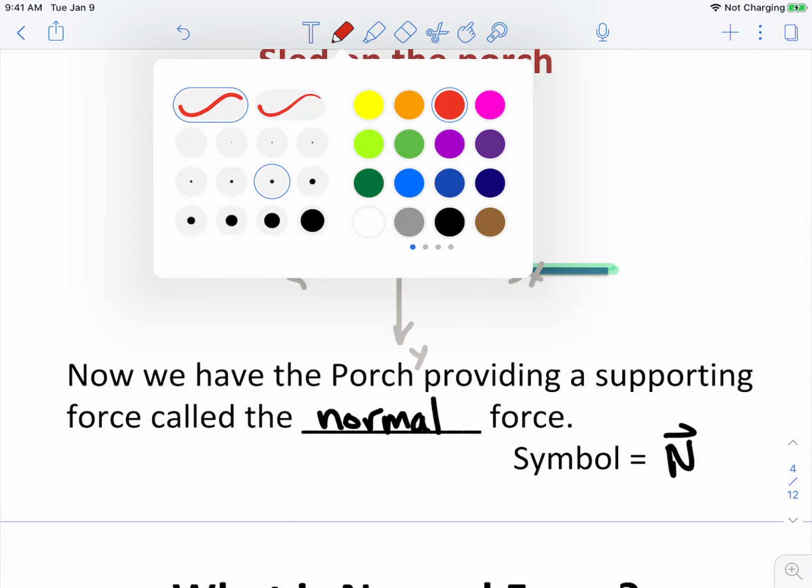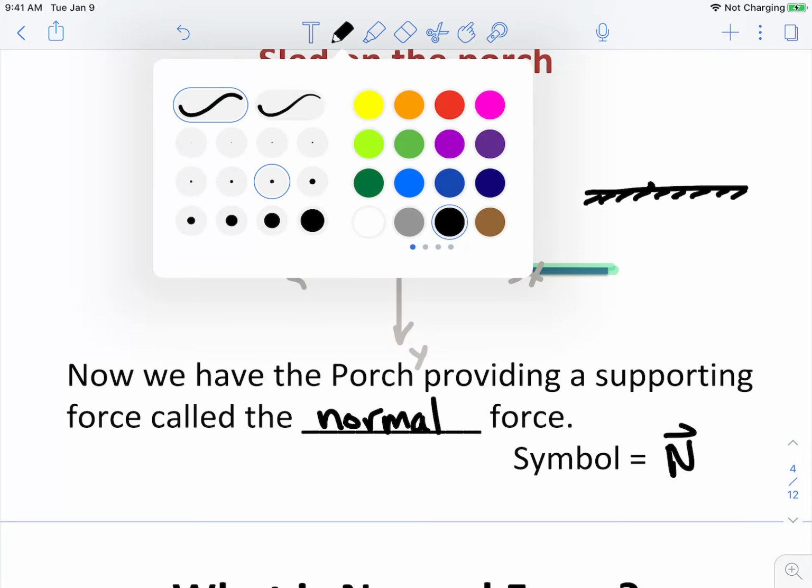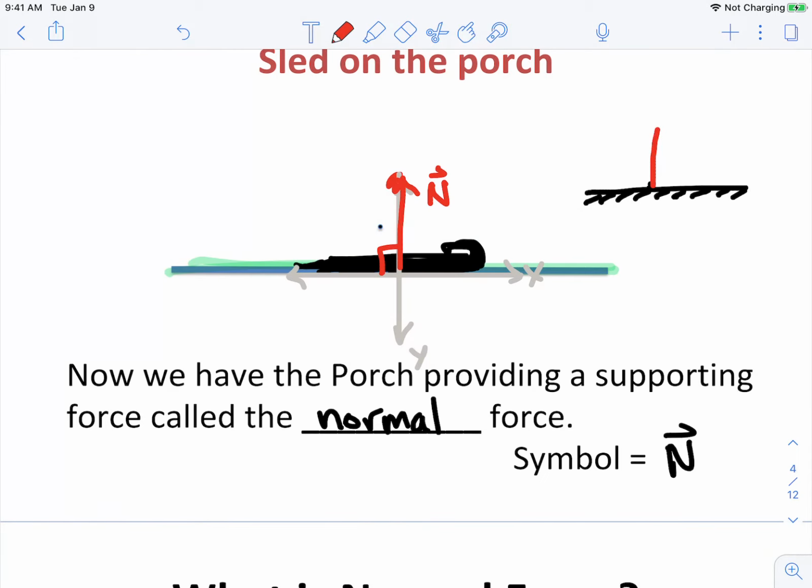The way I would draw the free body diagram, I would use a point for my sled, draw the surface in so I have some kind of reference, and then draw the normal force pushing up. And again, it's perpendicular.